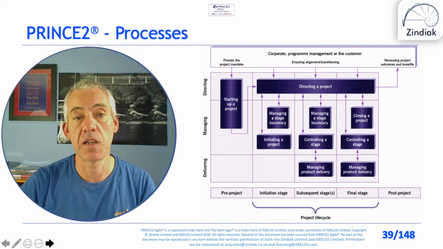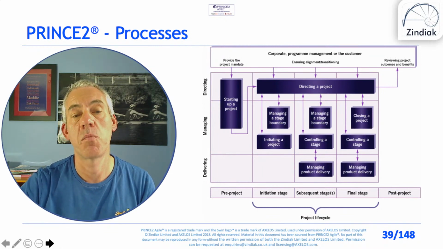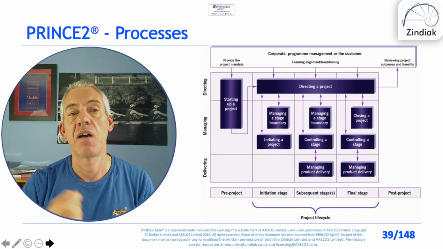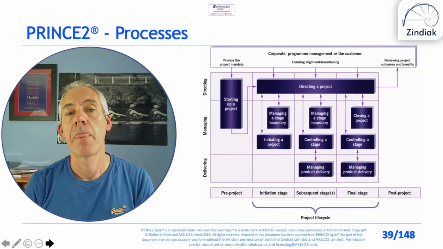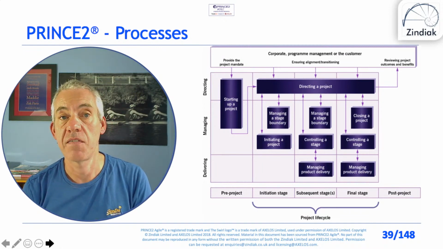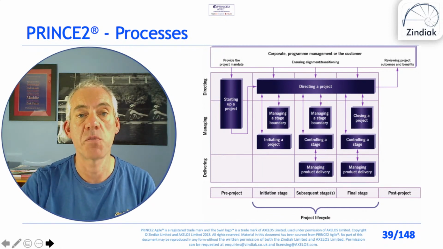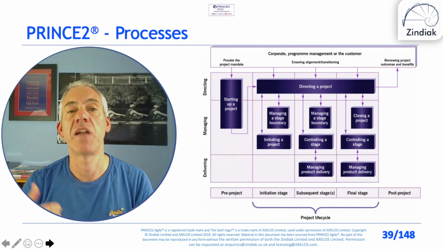The scrum team, the delivery team, work in managing product delivery, they interact with me, they deliver products back to me as project manager, and in controlling a stage, I'm checking quality. And when we come towards the end of that stage, if there's another stage, we're into the managing a stage boundary process again, where I present the project plan for the next stage.